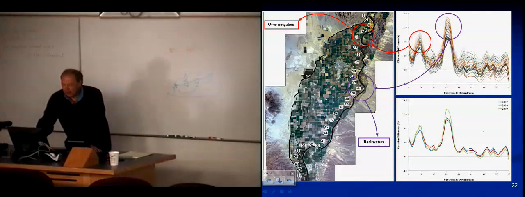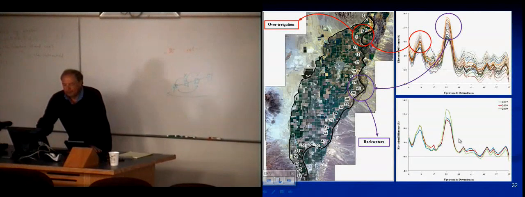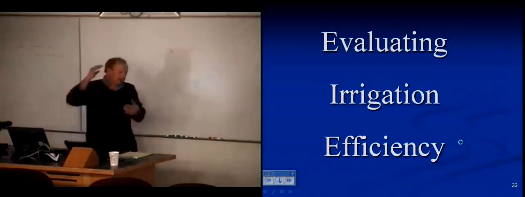So it's not lost. It's just being used by the downstream users, okay, which are Imperial Irrigation District and Mexico, and their irrigation systems. Okay. Granted, the quality of this water might be lower than the quality of the water that was diverted in the first place.